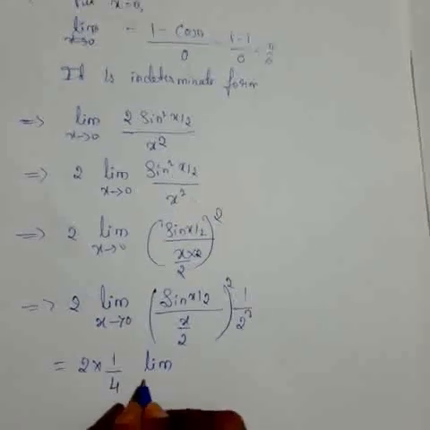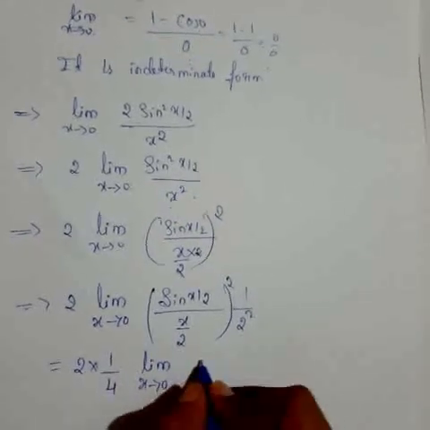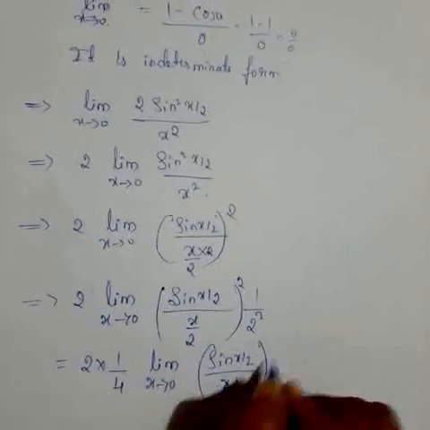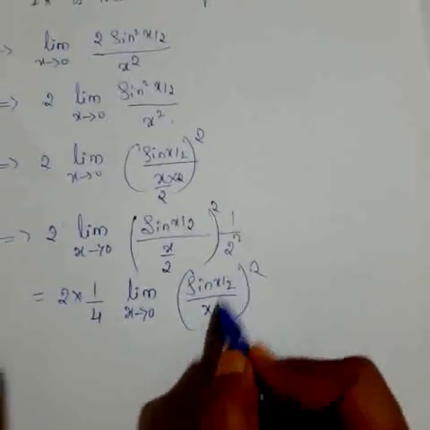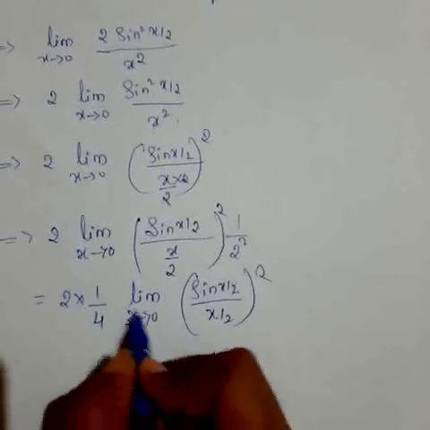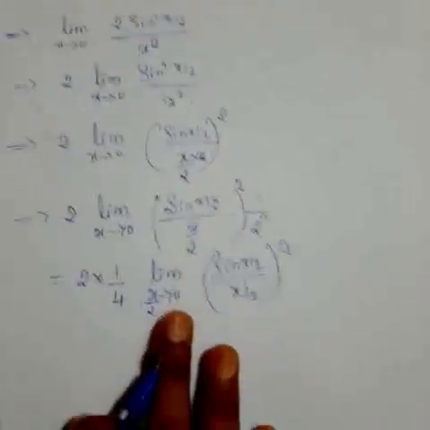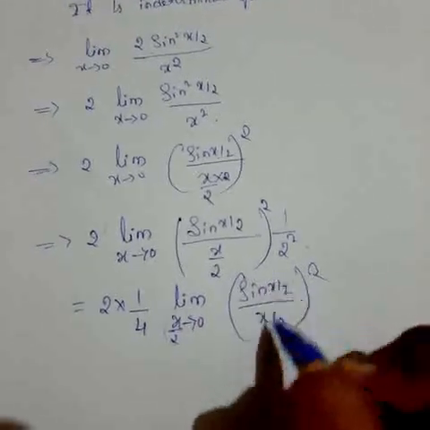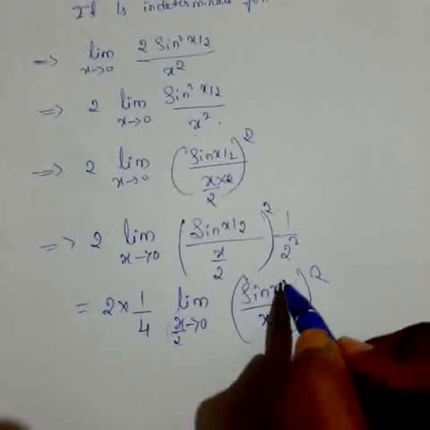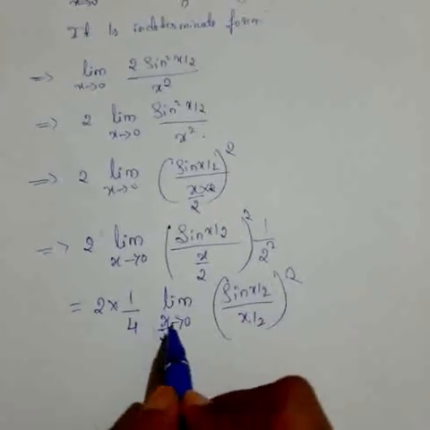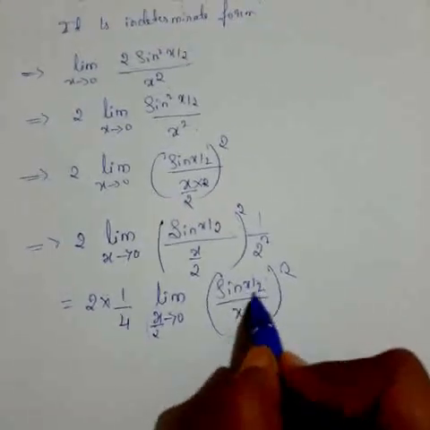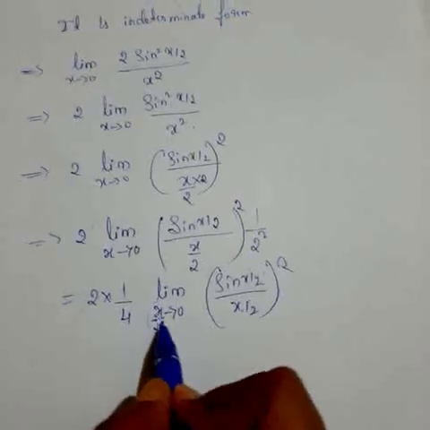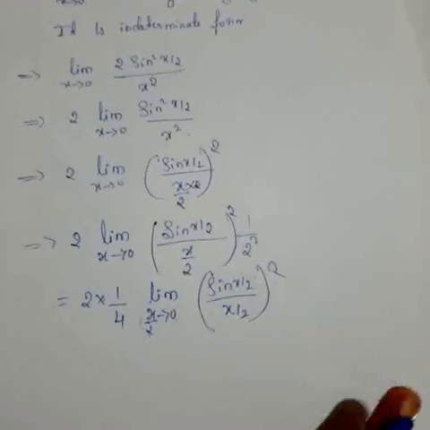Yes, limit x tends to 0, sine x by 2 divided by x by 2. If you reduce these two to the same, then automatically x by 2 is tending to 0.